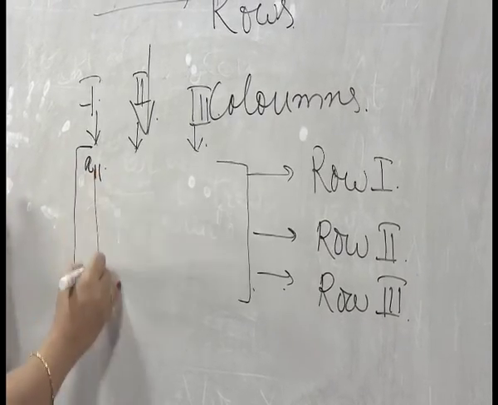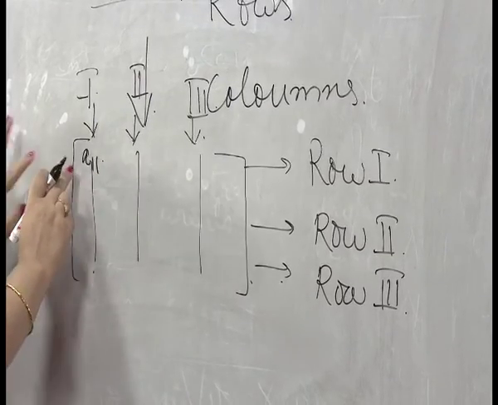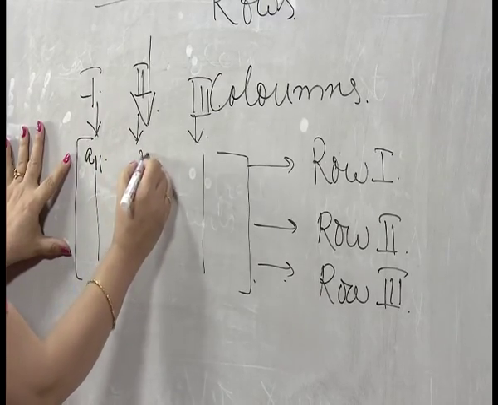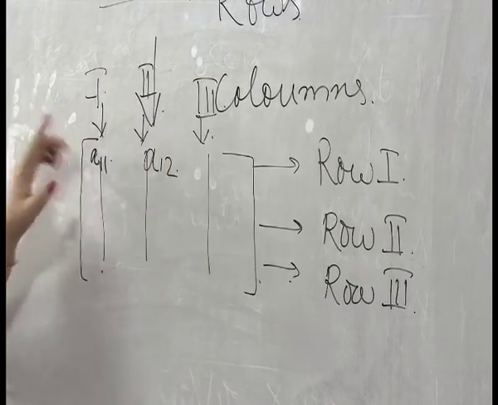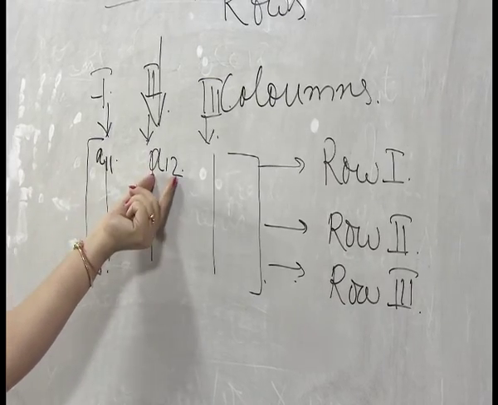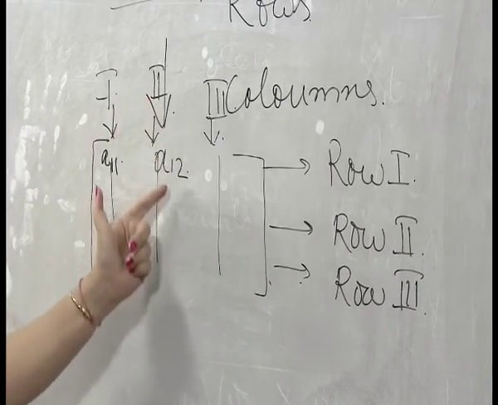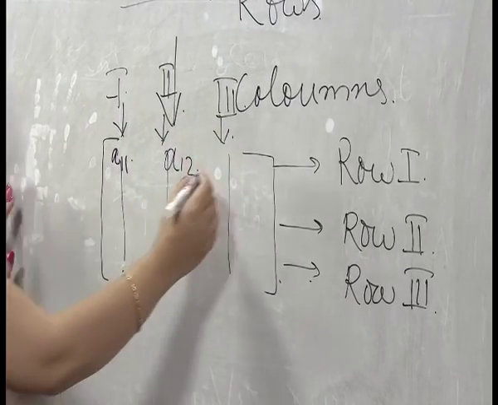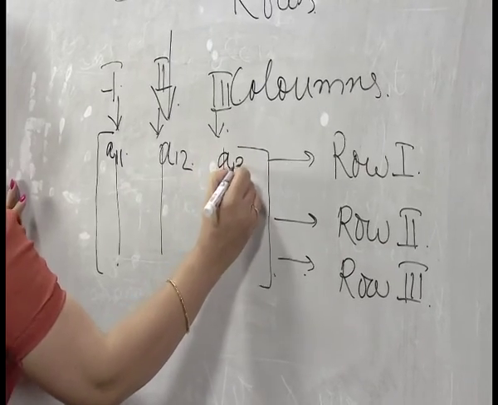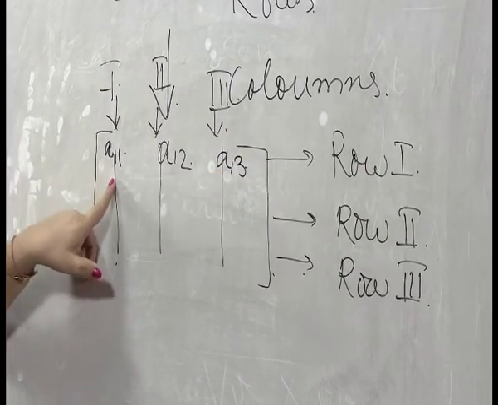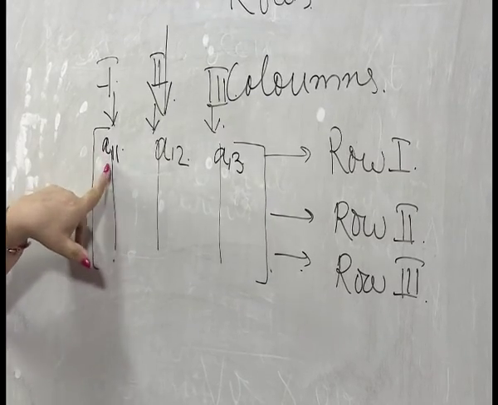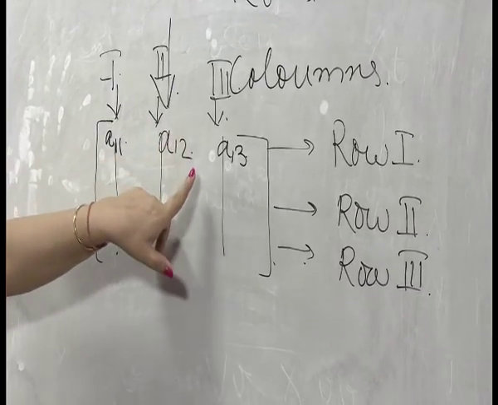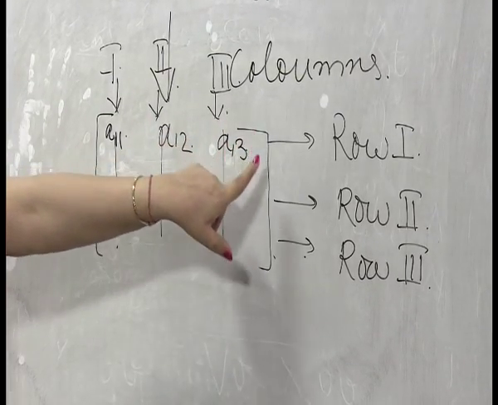That means this is the element in the first row and the first column. Similarly, I can write this element as A12, meaning it is in the first row and the second column. This one is the element in the first row and third column. So observe: A11, first row first column; A12, first row second column; A13, first row third column.